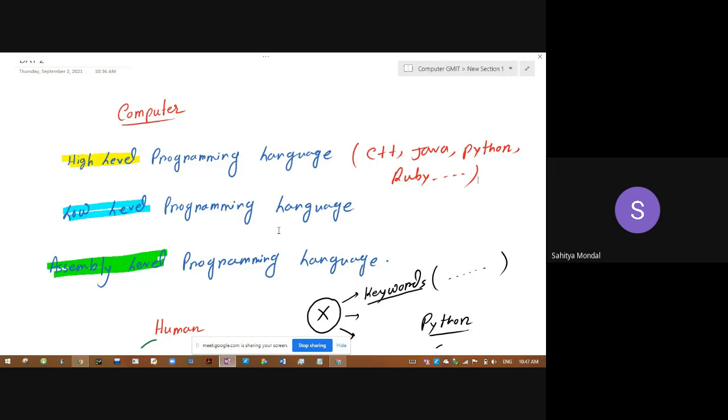Suppose you have been given a few lines of code, like 10 or 20 lines, of an unknown programming language. If someone tells you to judge the category of that language, what do you do? You have to find some of the keywords. Say you get text, you get print, you get read, you get number.